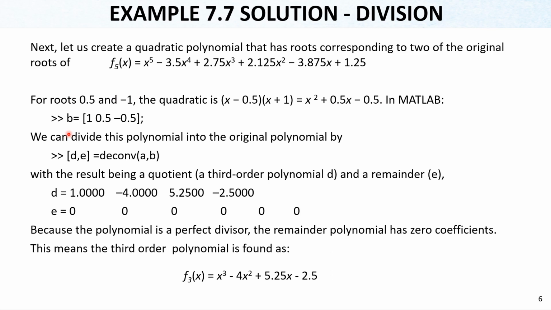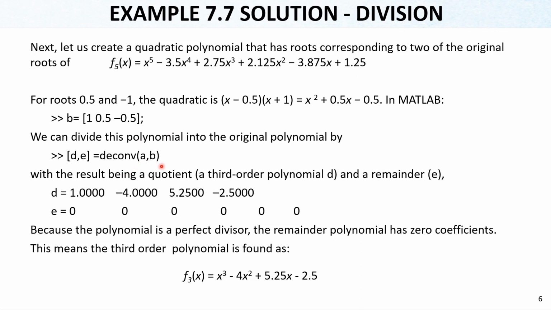So if we multiply these, we will get this quadratic function, and this has these roots, and we can define this in MATLAB by defining the coefficients as a vector over here. And this vector is a function now, and in the previous slide we showed that a vector was this function. So with deconv, we want to divide the a function, which is this one, by the b function, which is this one.